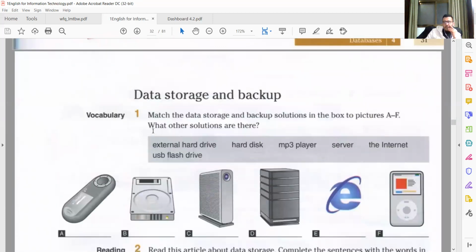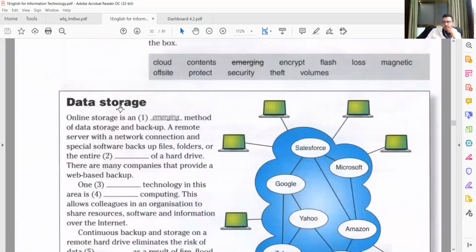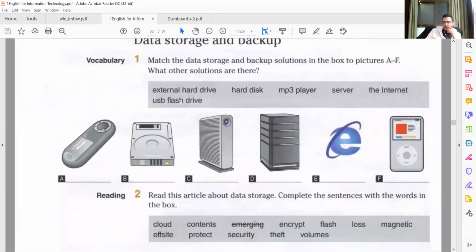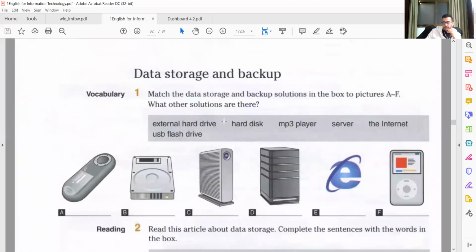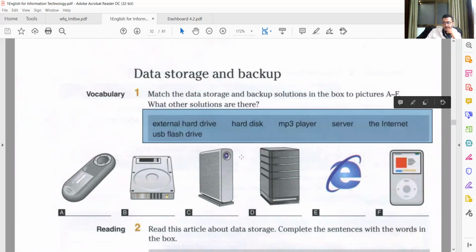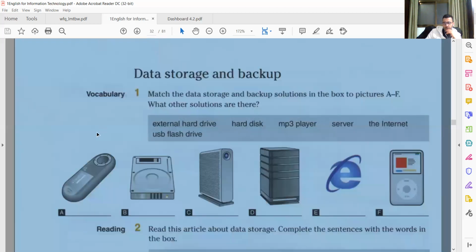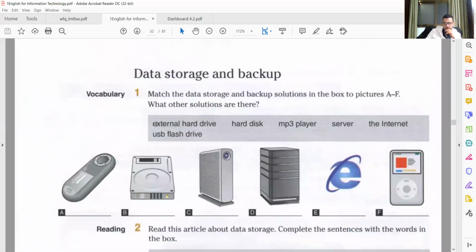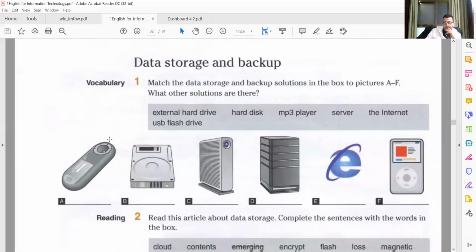Data storage and backup. First, let's match the data storage and backup solutions in the book to pictures A to F. What other solutions are there? Let's see.